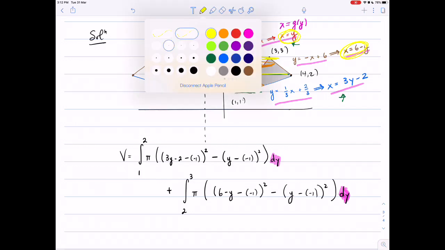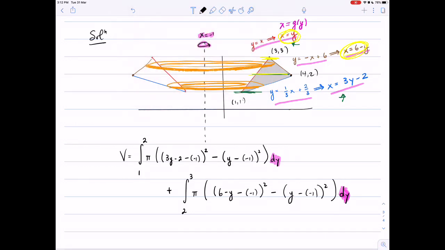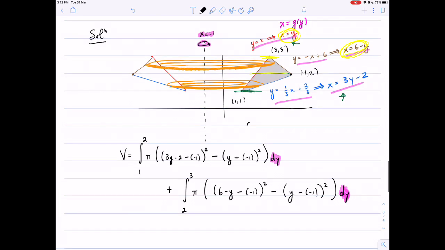So we're remembering that when we're doing horizontal slicing, if we want positive values, we do the right curve minus the left curve, because the bigger value is on the right minus the smaller value.